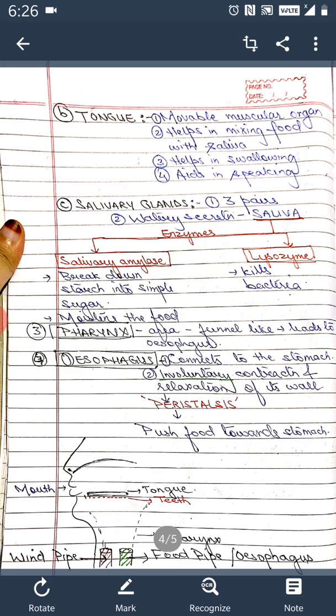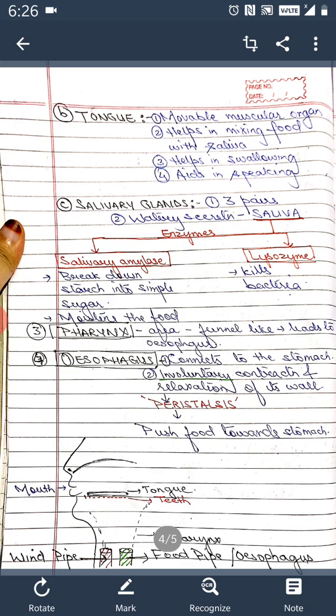Now come to the esophagus. The esophagus is a long tube-like structure which connects the pharynx, or rather the buccal cavity, with the stomach. So through the esophagus, the food enters into the stomach.